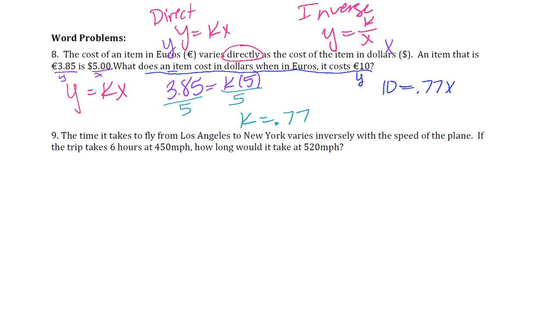Divide by 0.77. Use your calculator. 10 divided by 0.77 gives us kind of a long number, but that's okay. Round it to the nearest 2 decimal places, because remember, money has 2 decimal places. 12.99. So 10 euros is $12.99. Perfect.